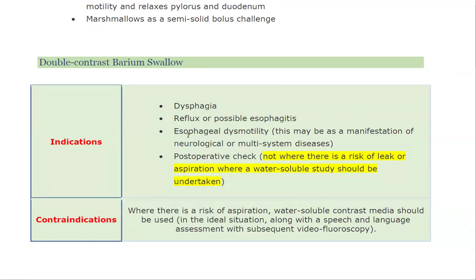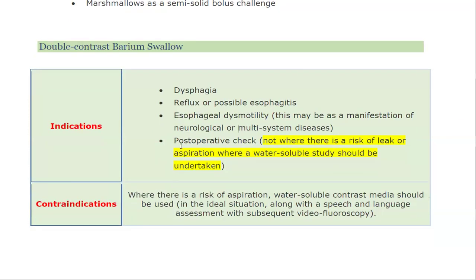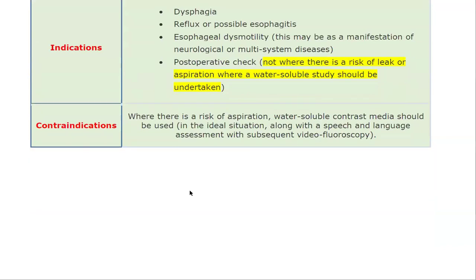So you need a contrast study like a swallow or meal or even one of them. For a post-operative check, you are not going to use barium because there is a liability of perforation or aspiration, or leakage, and this will have a very certain complication.